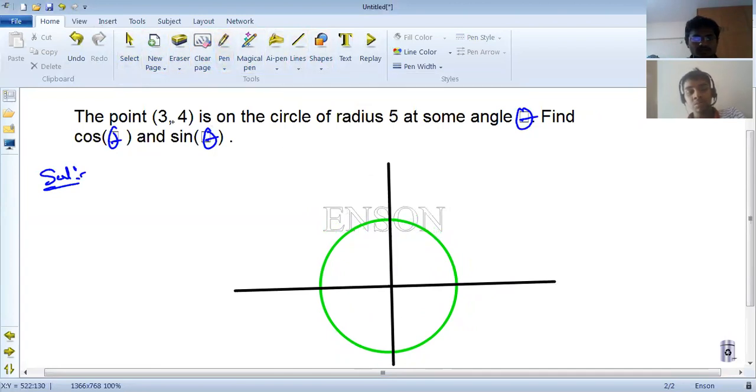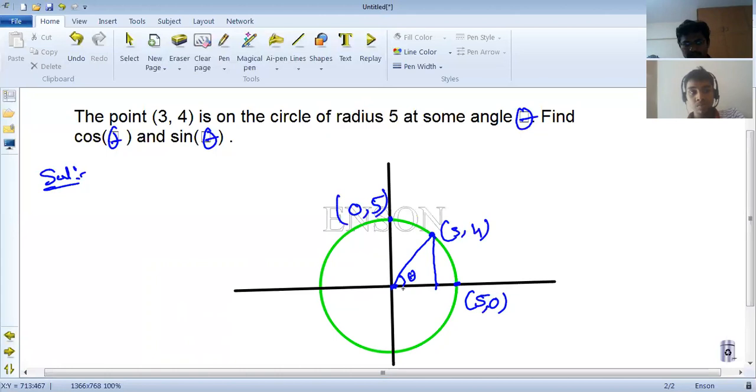This will be 5, 0, and this will be 0 comma 5, and the point here is 3 comma 4. This is the normal unit circle representation, and the length from here to here will be 3, and the length from here to here will be 4.